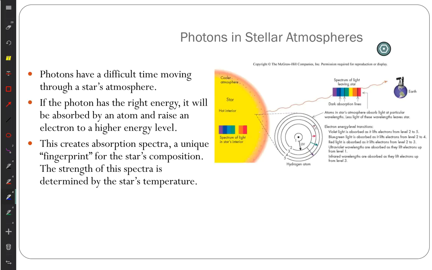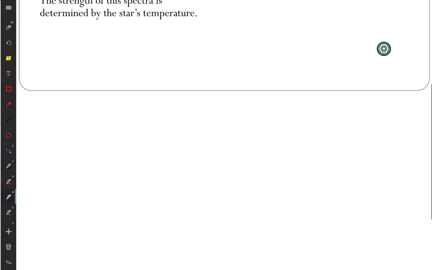The last portion of that, you calculated how much population you had in the n equals 2 state for different temperatures. Remember that part? Yes, I remember.